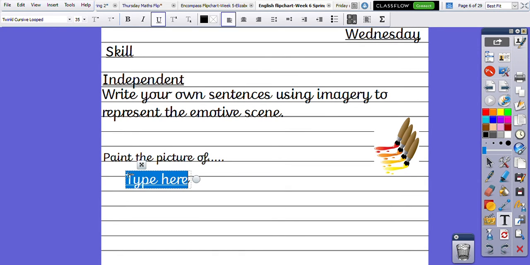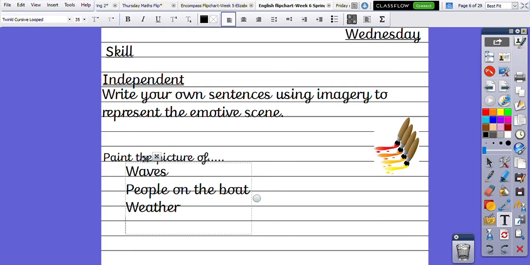So, for example, you certainly need to paint the picture of the waves and what they are doing. You need to paint a picture of the people on the boat with your narrator. You need to paint a picture of the weather. You can really add some tension and atmosphere with the weather description.